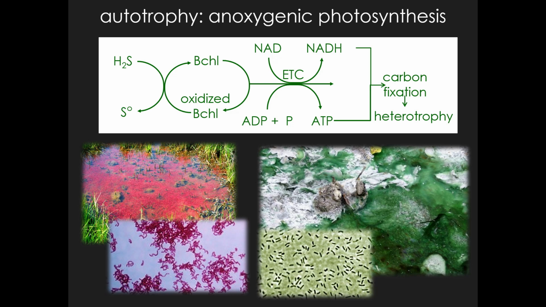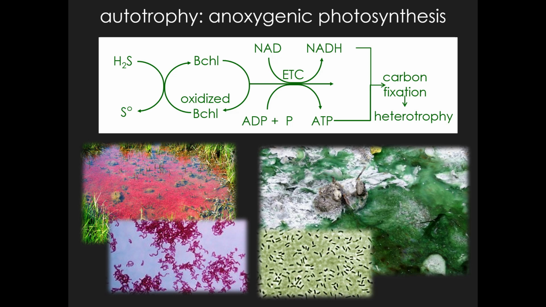And of the anoxygenic phototrophs, we have two big groups. One are the purple bacteria and one are the green bacteria. So you can see here two pictures of water. One is green, and that's because of the presence of green bacteria who utilize sulfur, and the other is red because of the presence of these small red spirilla bacteria who have grown to such an abundance that in both cases the organisms have actually colored the water.